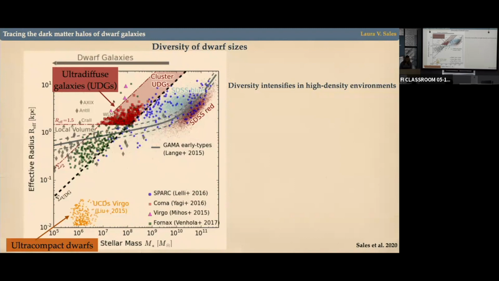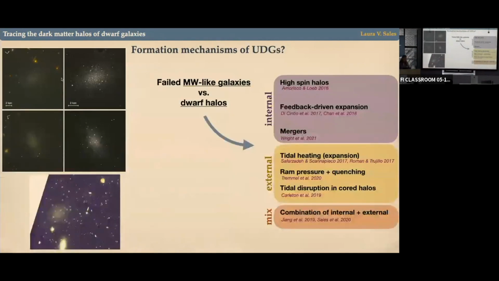But lately, this ultra diffuse population has caught the attention of many of us. The idea would be that these things are dwarf mass, but with sizes that are quite large. This is a picture from the discovery, or the rediscovery, paper by Van Dokkum in 2015 in Coma. Some of these first objects were found to have a lot of globular clusters.